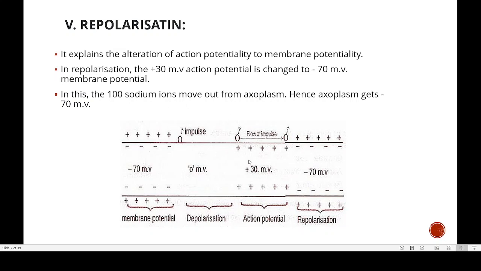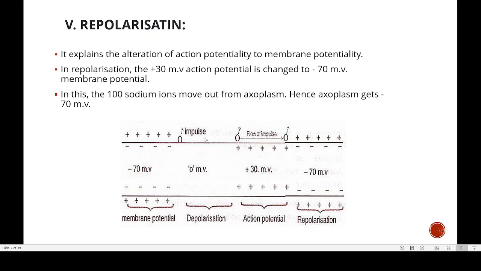How has this plus 30 taken place? Because of the entry of 100 positively charged sodium ions. When 100 positively charged sodium ions are moving out again, this plus 30 becomes minus 70. And that is how the overall negative charge is again returned to its normal level, that is minus 70.